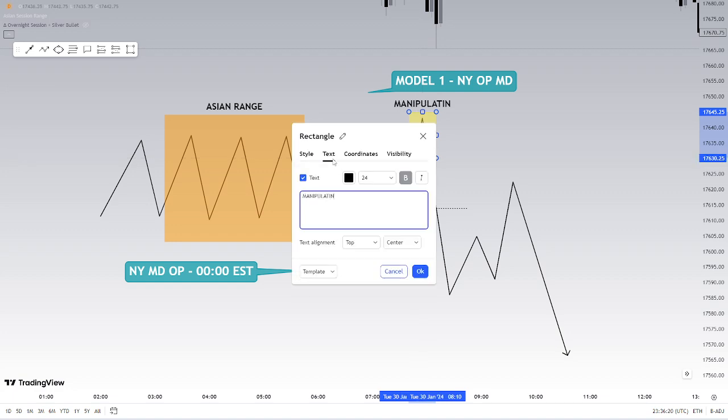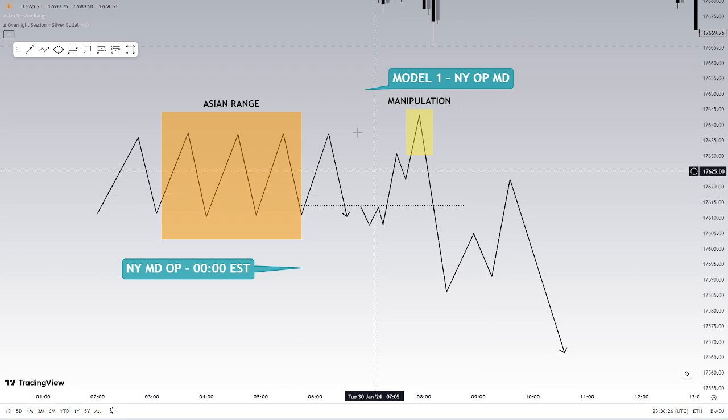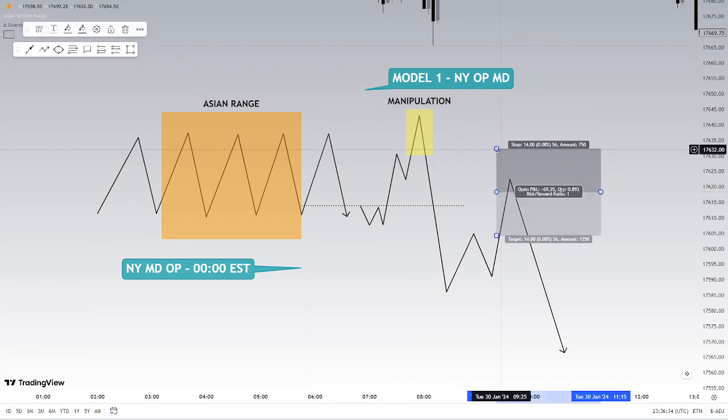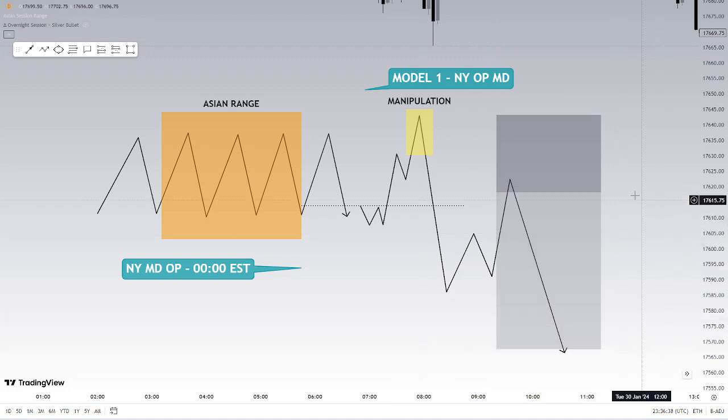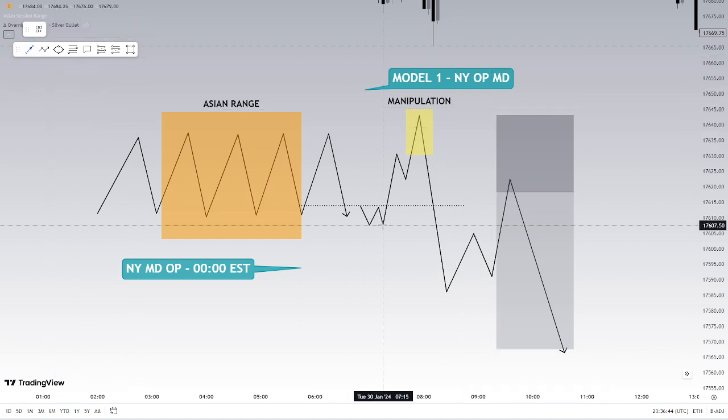So if I label that manipulation, what we're seeing over here is price accumulate, manipulate above the New York midnight opening price, and then distribute lower. And our job is to simply sell off a fair value gap that's been produced. So an OTE or similar to the ICT 2022 model, we're looking for a breaker or an OB or an OTE after we see a break of structure. Very important.